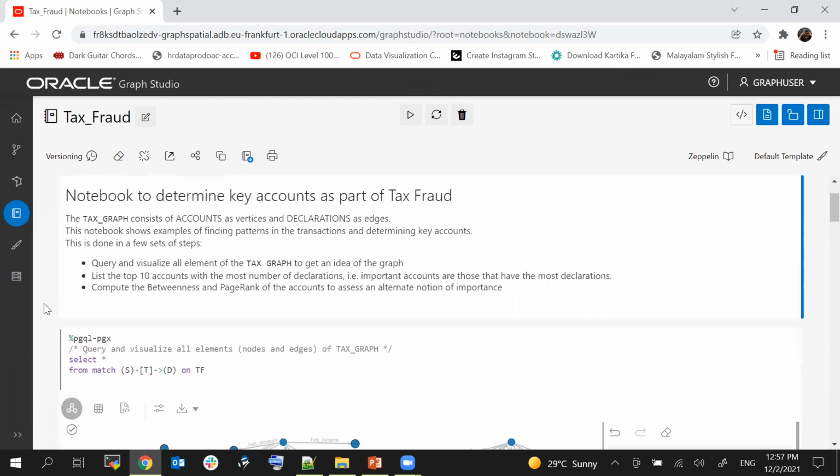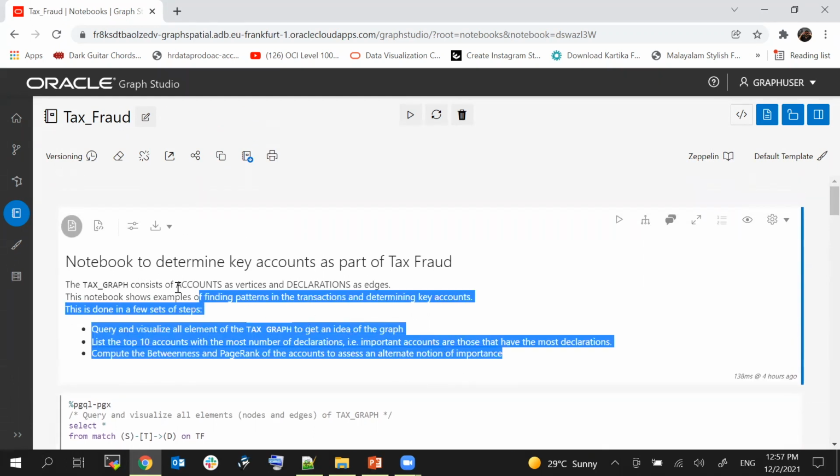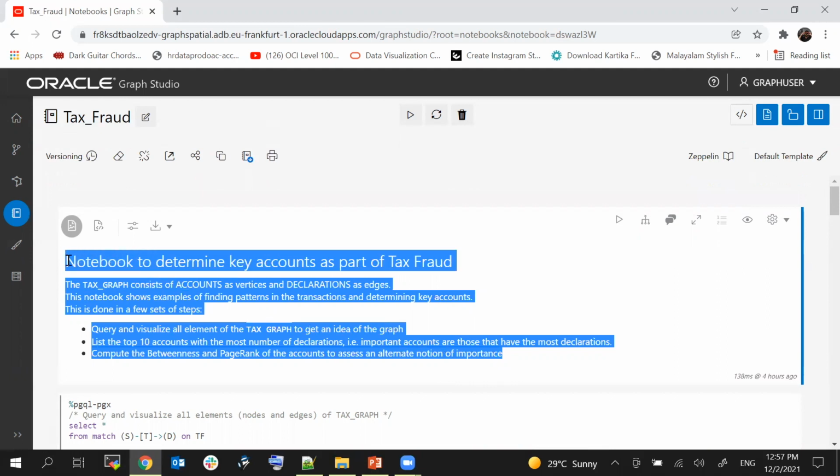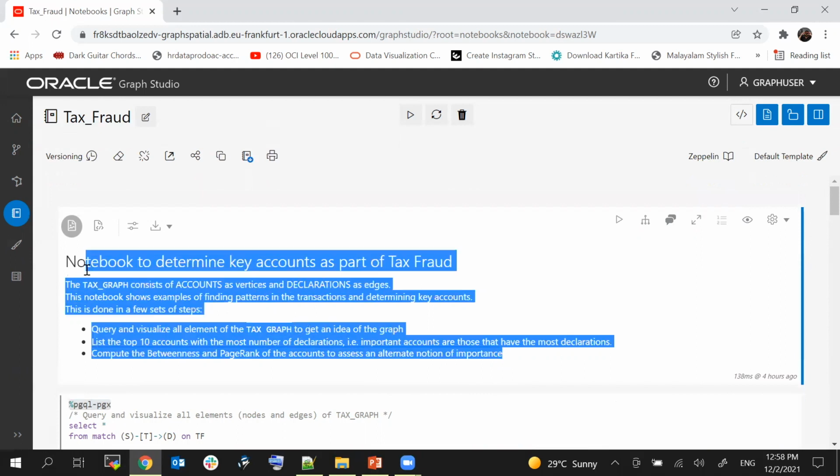And there are three ways in which you can write the paragraphs. It could be a markdown, which is popularly called the percentage MD. So we have now a different paragraph type here, which is percentage PGQL PGX. And similarly, we can have a percentage MD, which stands for the markup.